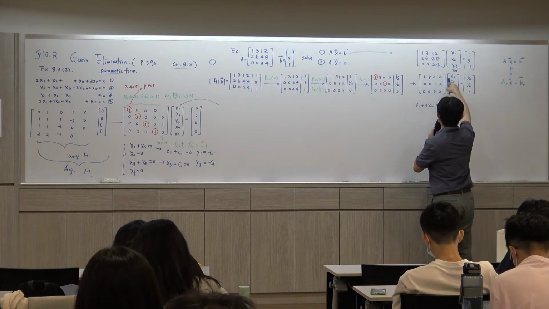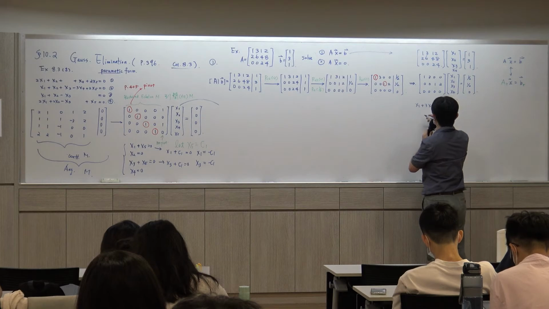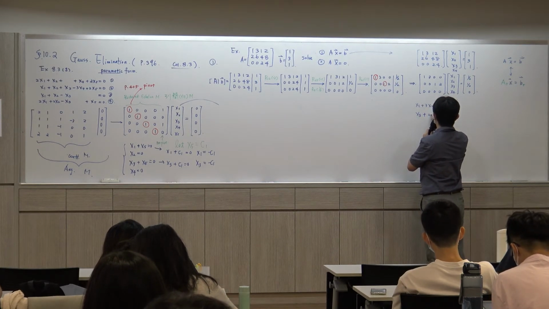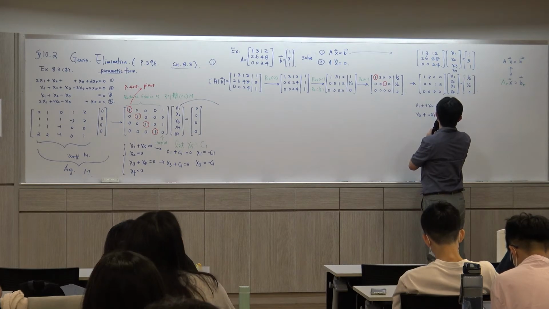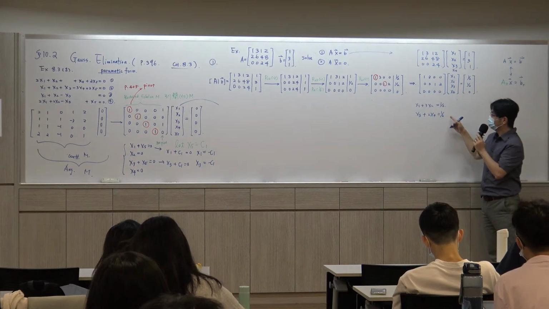And the second row times the column, so we will have S3 plus 2 S4 equals 1/2. Right?